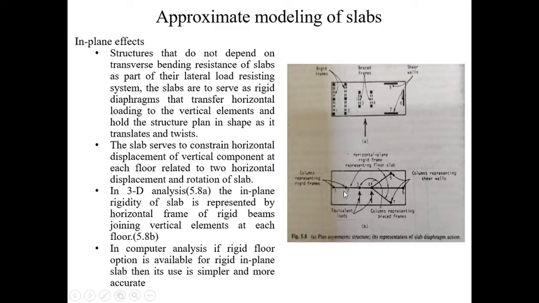Columns 3 and 4 represent the braced frames. 5, 6 and 7 are the columns representing the shear walls. Then the straight line joining these is the horizontal plane rigid frame which is representing the floor slab.